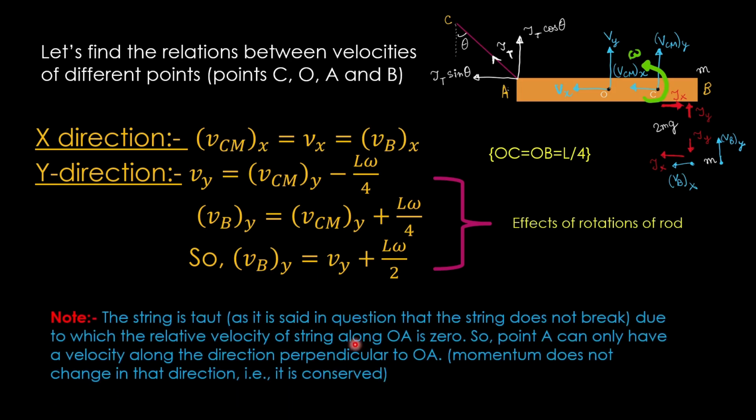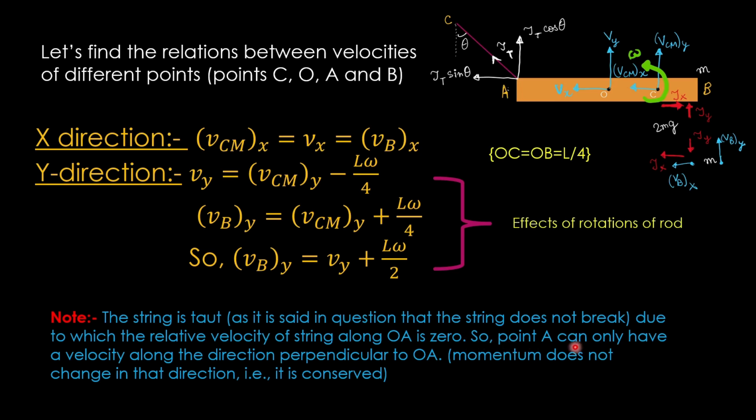Now, the important thing is, since the string is taut, the relative velocity along OA or CA, whatever you might say, is 0, because this is the string constraint that we always use in NLM. The similar thing is here also, because if the relative velocity were not 0, there would be an extension of length, which means the string would break, right?